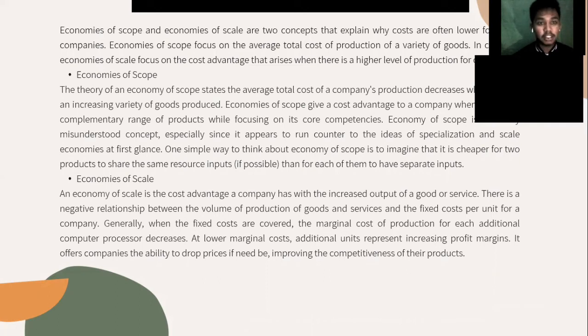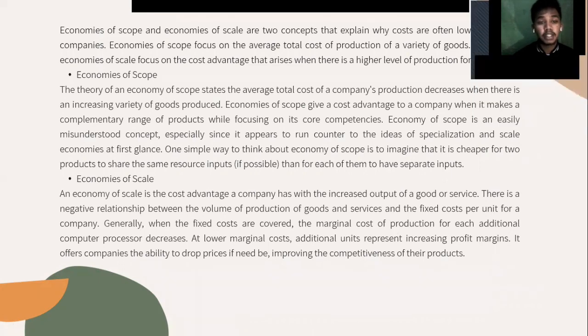So, the first one is economies of scope. The theory of economies of scope states that the average total cost of a company's production decreases when an increasing variety of goods is produced. Economies of scope give a cost advantage to a company when it makes a complementary range of products while focusing on its core competencies.